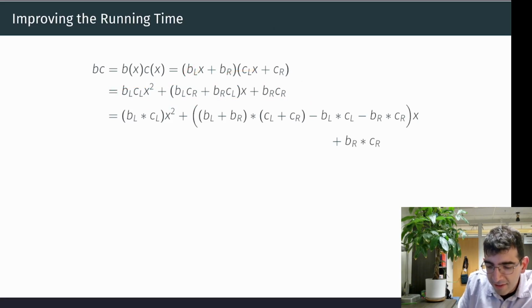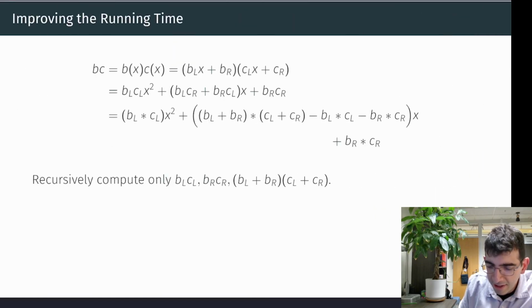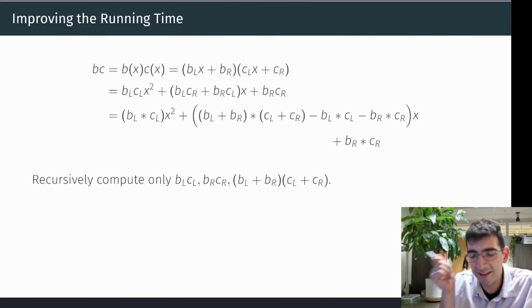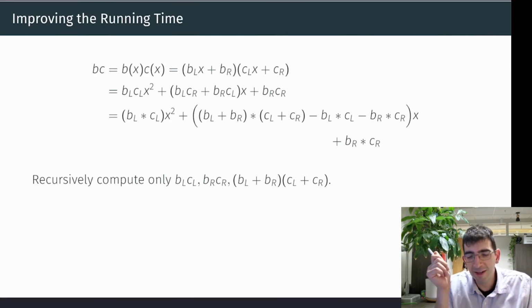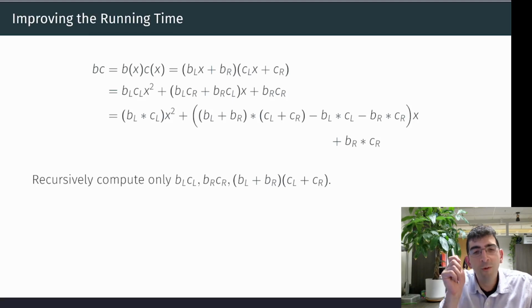But instead of this term here, BL times CR plus BR times CL, we replace it with this. That's Karatsuba's insight to multiplication, that we could reduce the number of recursive multiplication calls by adding only a few more additions and subtractions.